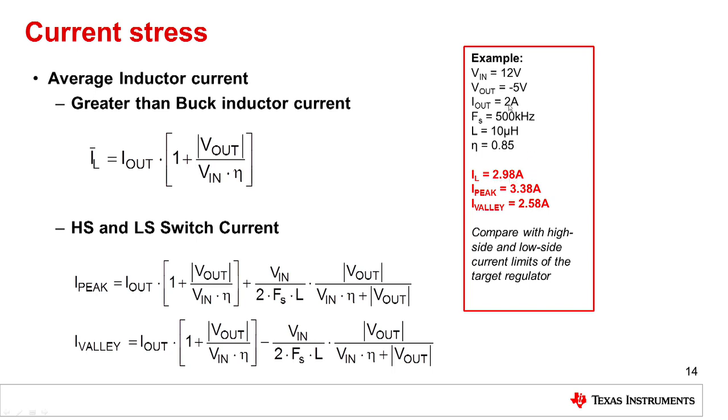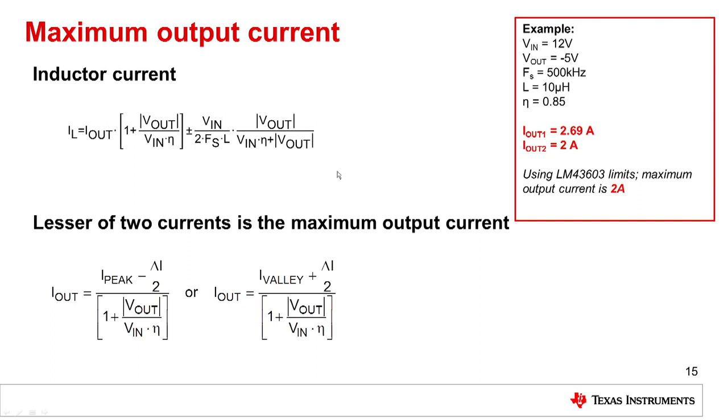That's quite a bit larger than our load current. If this had been a buck from 12 to 5, the average inductor current would have only been 2 amps. Here it's nearly 3 amps. And the peak currents are commensurately higher as well. So whatever buck regulator you choose to use in a buck boost application, make sure you compare these calculated current values with the current limits on the regulator to make sure that the regulator can provide your load current.